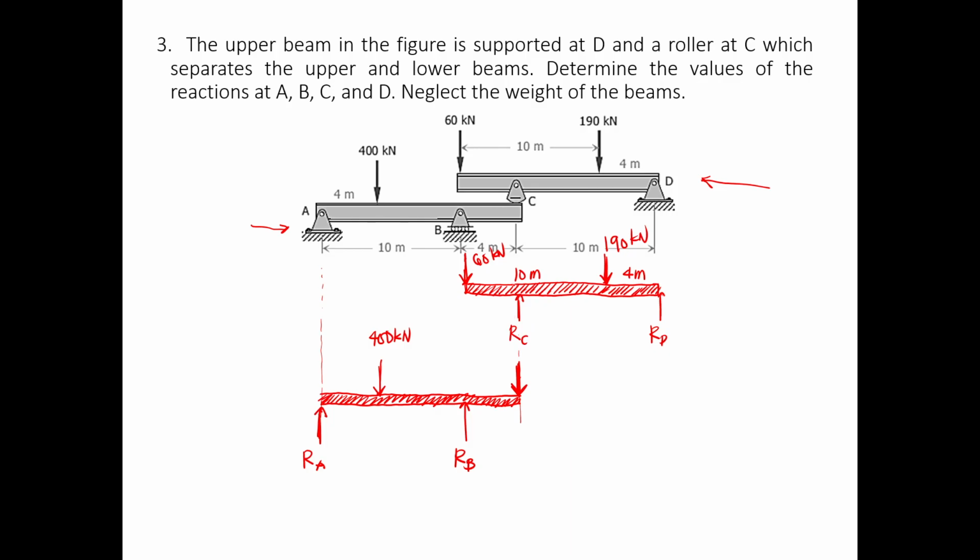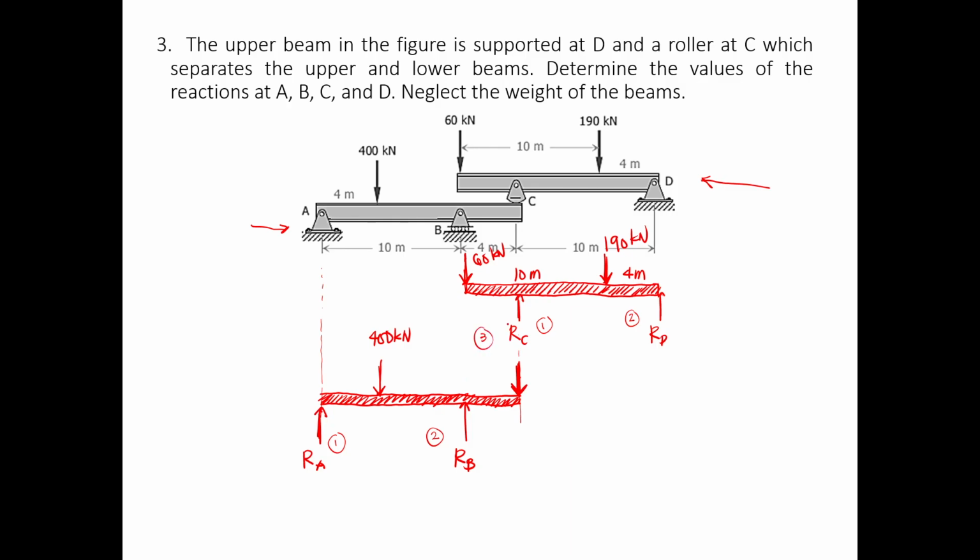So if we're going to compare the free body diagram of the two beams, in beam CD, you're only going to be dealing with two unknowns. But if you're going to analyze beam AB first, you're going to be dealing with three unknowns.